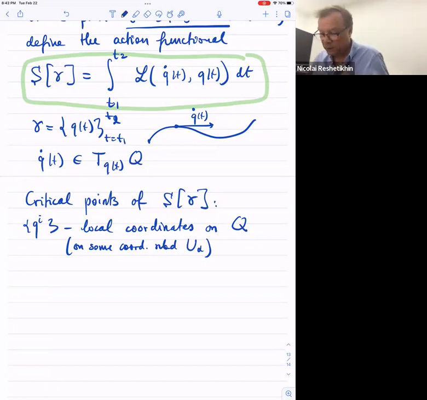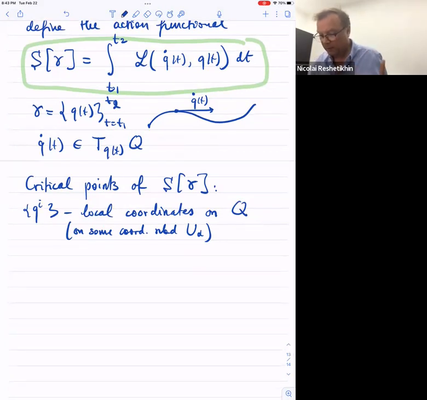Only R^n has global coordinates. No other manifolds have global coordinates. Like a sphere doesn't have a global coordinate system. That's the problem of cartography. You have to remove something from a sphere, you have to cut it, in order to have global coordinates.